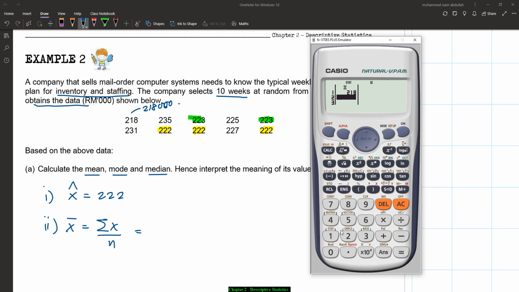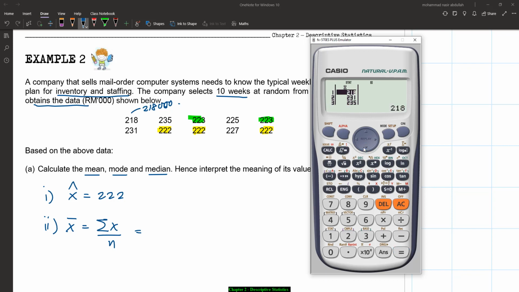enter, and then 230, it's difficult using this, 231, enter, 235, 222, 220, 223, 222, 225, 227, 223, and 222. So you can recheck.